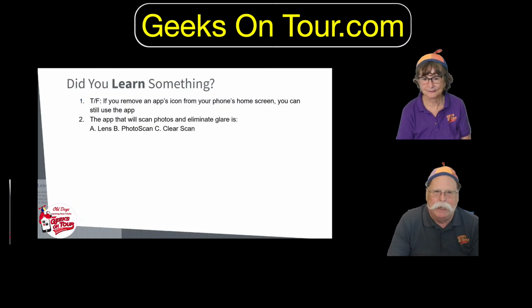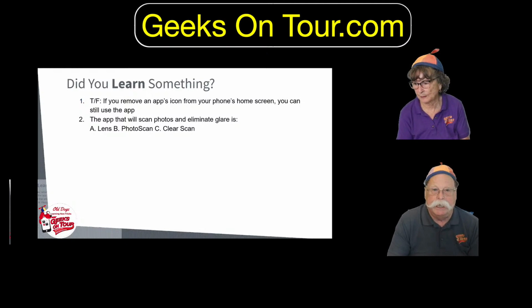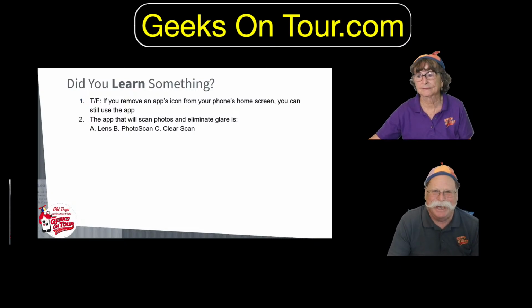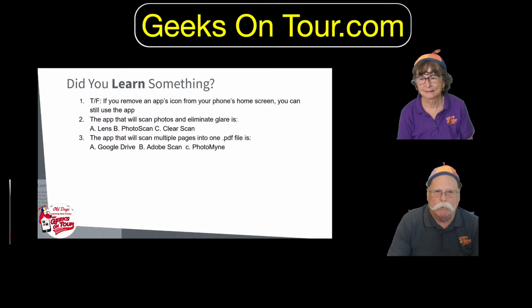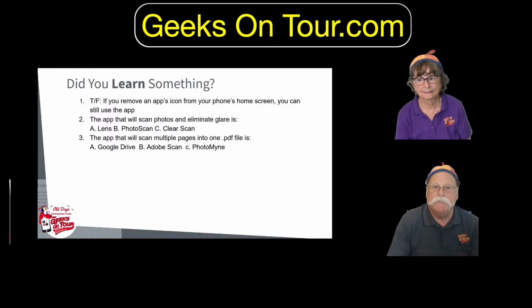The app that will scan photos and eliminate glare is A, Lens, B, Photo Scan, or C, Clear Scan. B, Photo Scan by Google. The app that will scan multiple pages into one PDF file is A, Google Drive, B, Adobe Scan, or C, PhotoMine. A, Google Drive is the one I demonstrated.